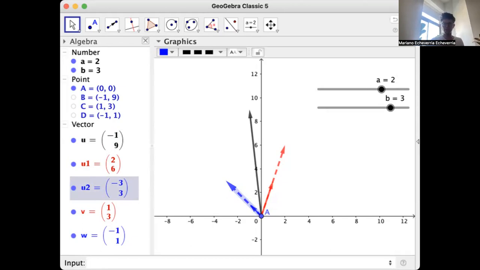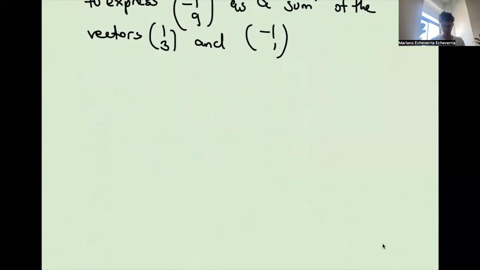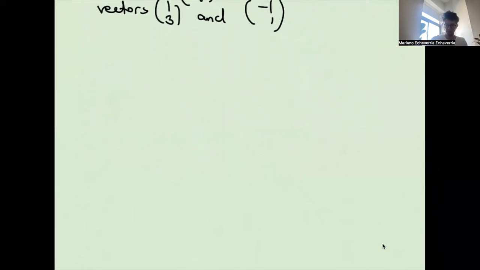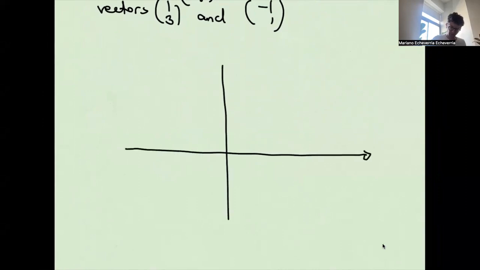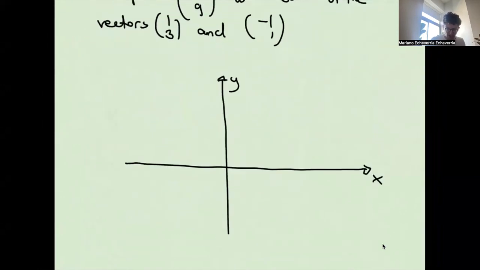So let me just make a picture of that on the tablet. What I'm trying to say is that you had here the vector xy, you had this vector negative 1, 9, right?